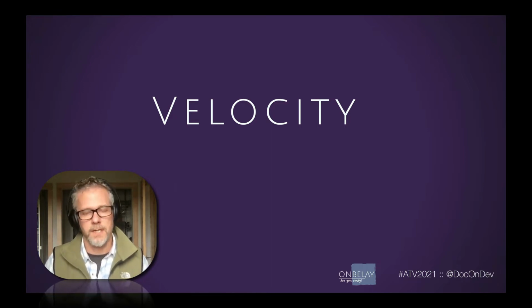So then I'd ask them, using velocity alone, can you predict when a batch of functionality will be in production? So in other words, a customer asks for an entirely new module and they want it by a certain date. Using your velocity alone, can you determine if, in fact, that module will be done by that date? The common answer there is no, but for some teams, the answer is yes.